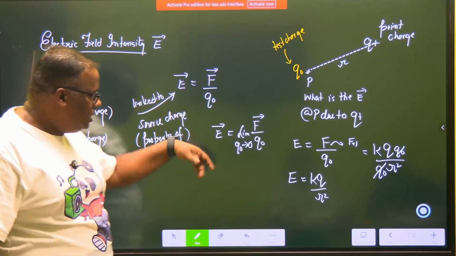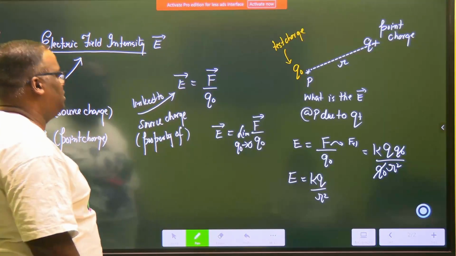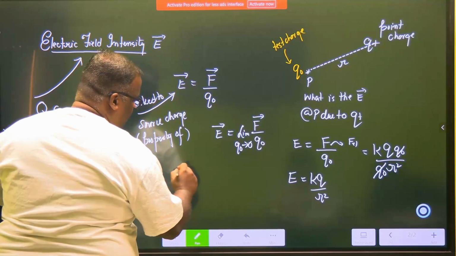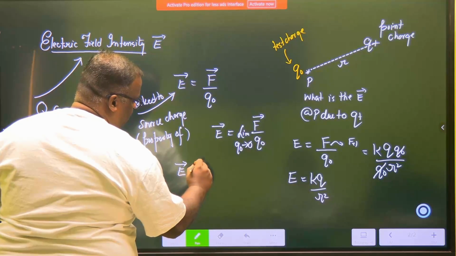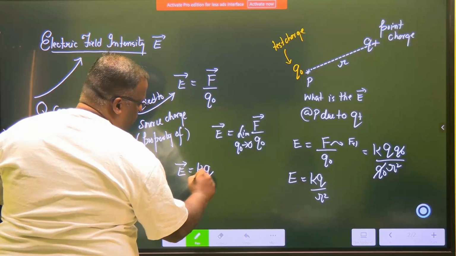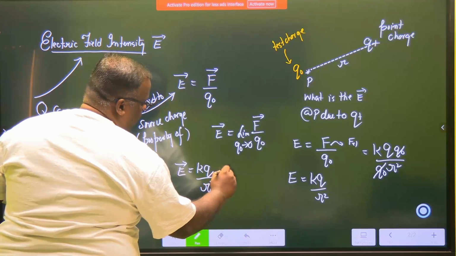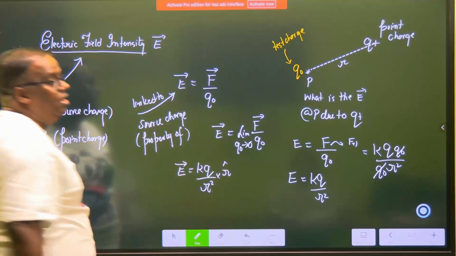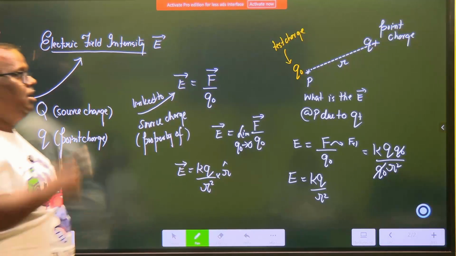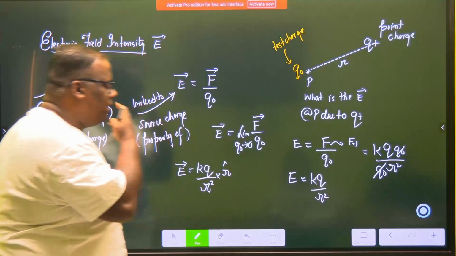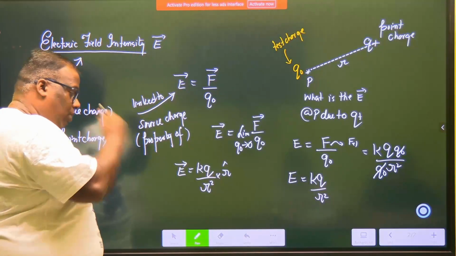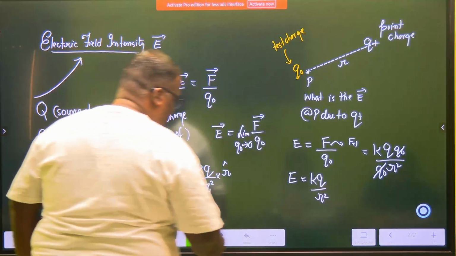Now, if you try to see it in vector format, I would say that the electric field intensity is given by KQ, then it will be divided by R square, and it will be always multiplied by the unit vector R. Unit vector R means the question arises, sir, electric field is a vector quantity. What is the direction of the electric field?